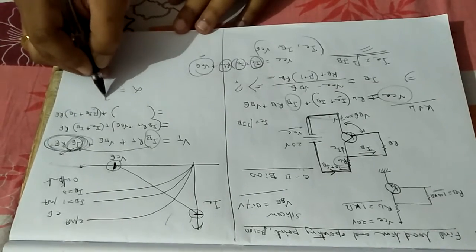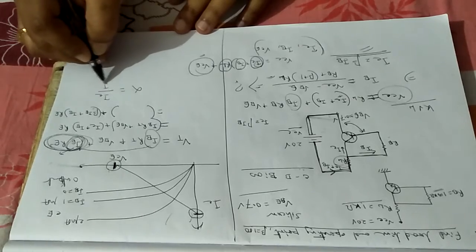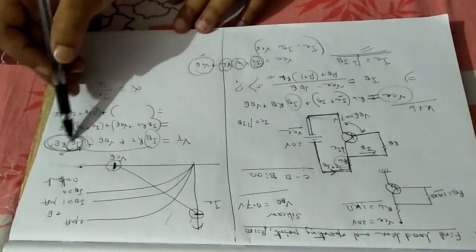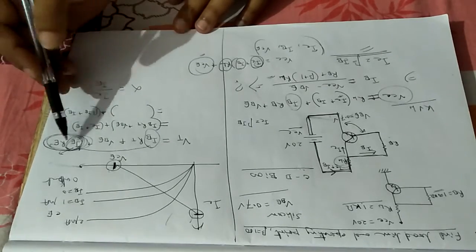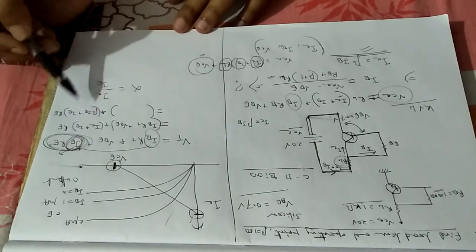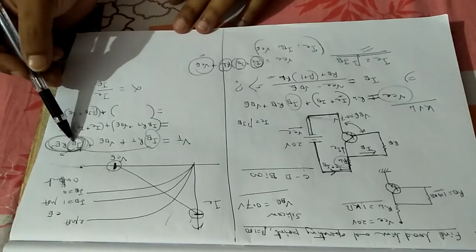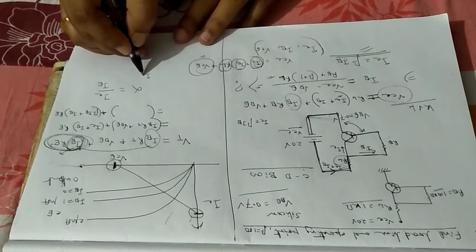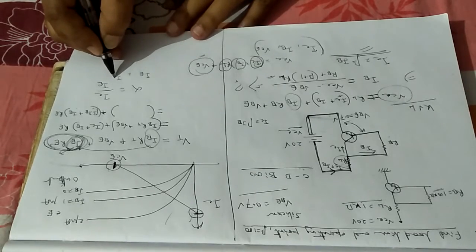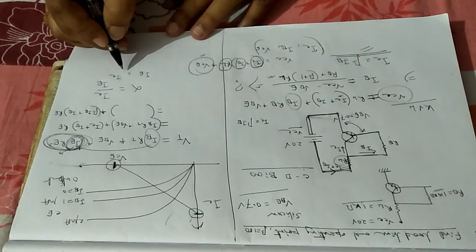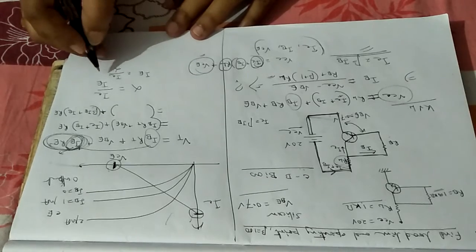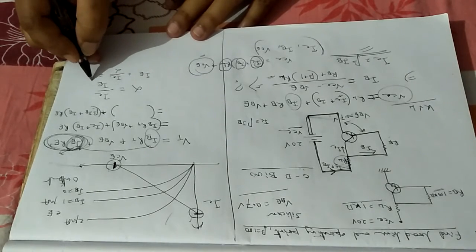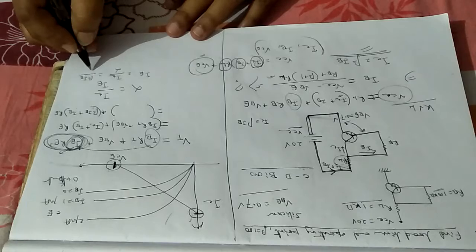You know the value of alpha. What is alpha? Alpha equals IC by IE. So instead of this IE, you can write IC by alpha. Then instead of IC, you can write beta IB, then alpha.